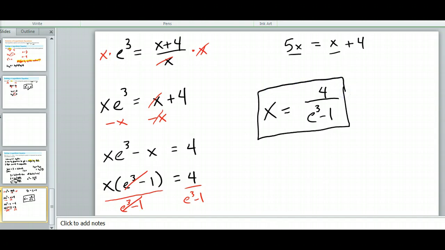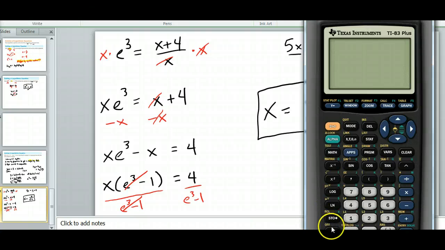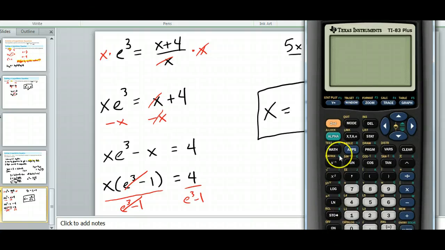An approximation for that would be 4 divided by parentheses, don't forget your parentheses, e cubed minus 1, enter this number. Now, what do I do with that?